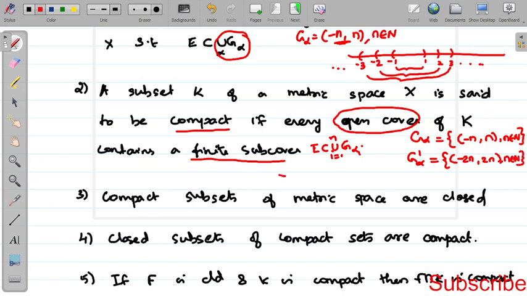So in this real line you can see that if you put n equal to 1, you will get here (-2, 2), and n equal to 2 you will get (-4, 4). Similarly (-6, 6), and so on. So from this you can understand that this open cover has a finite subcover. This covers this one. If an open cover contains a finite subcover, then we can say that it is a compact set.